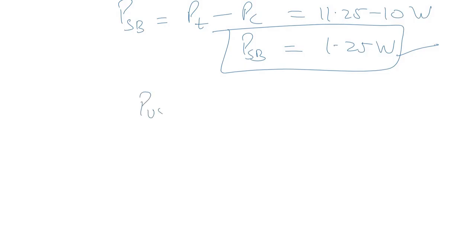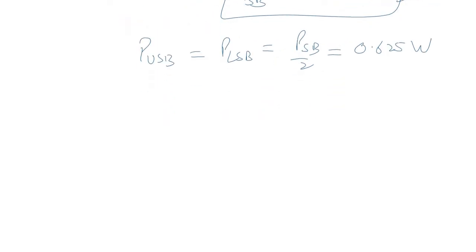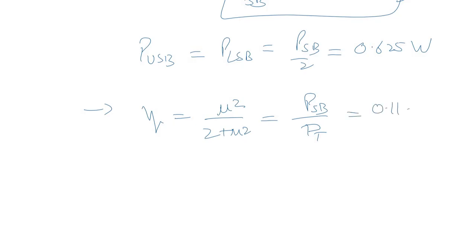So the power in the upper sideband will be equal to the power in the lower sideband, that will be equal to the power in sidebands divided by 2, that is 0.625 watts, right? Next we can find the power efficiency, represented by eta, that is equal to mu square by 2 plus mu square, or the power of sideband to the total power, right? So it comes out to be 0.11 or equivalently 11%, right?